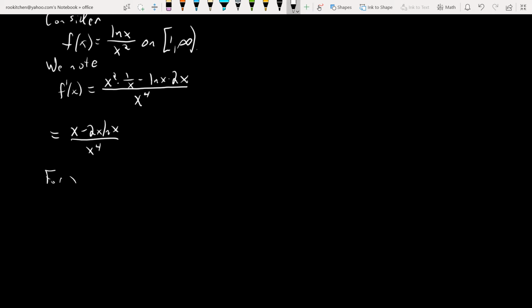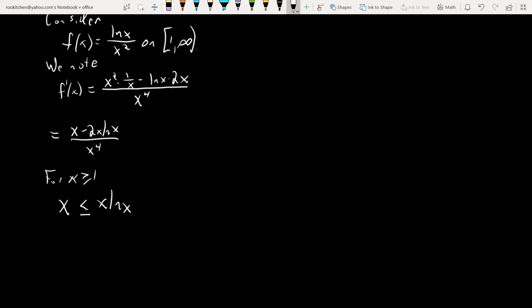Note for x greater than 1, we have that x is less than x ln x. And if you do computer programming and you're talking about big O, big theta, big omega notation, this is kind of a fact of life. Okay, so for x greater than 1, x is less than 2x ln x. Or it's less than or equal to if you want to include the entire domain from 1 to infinity.